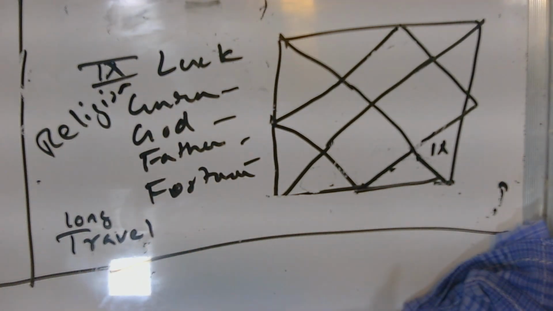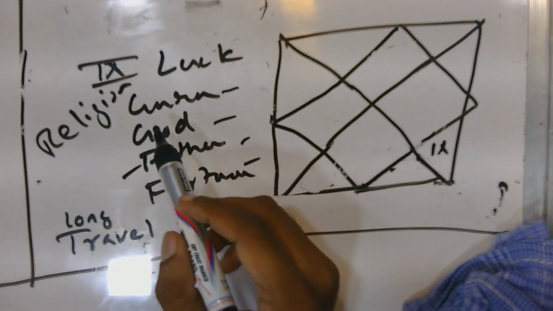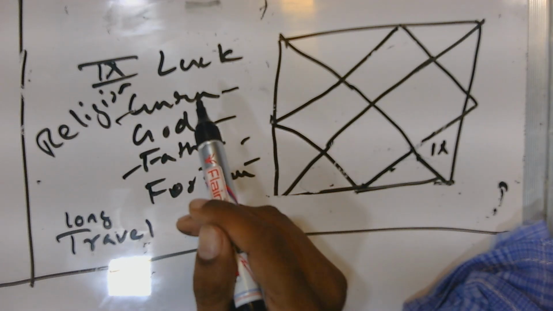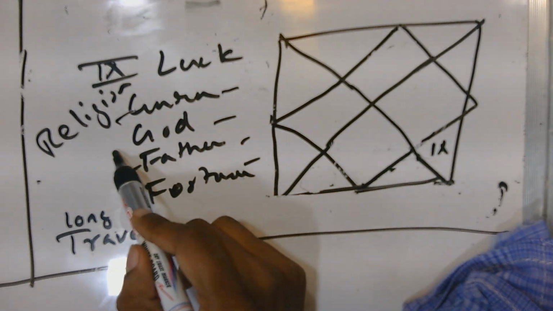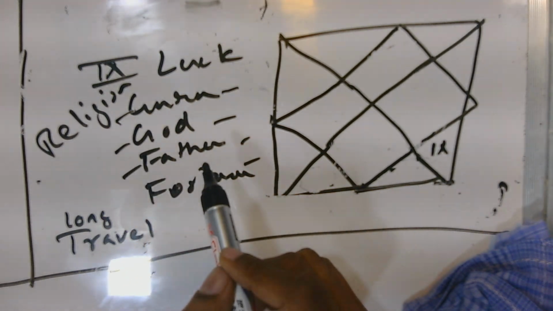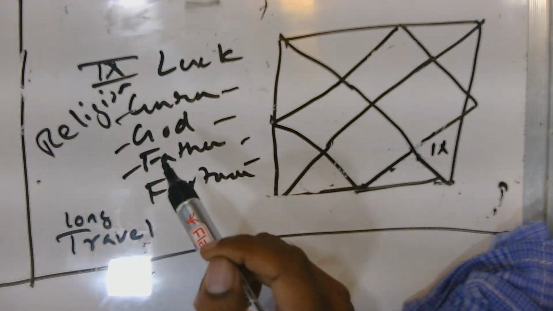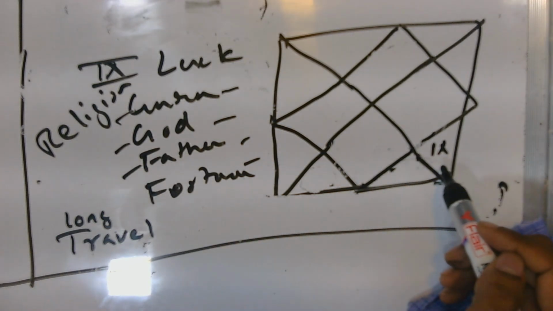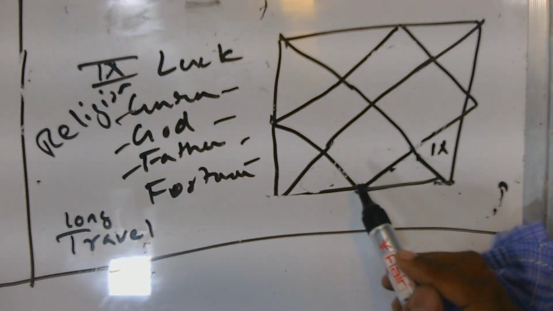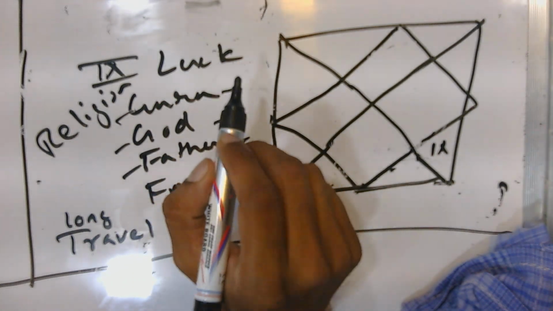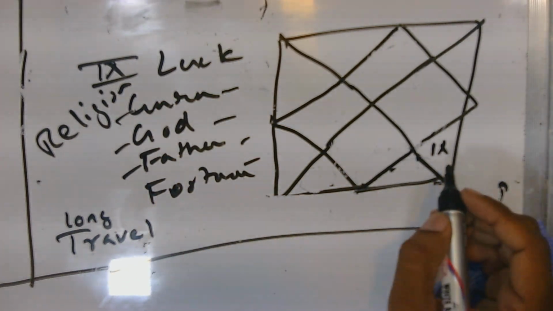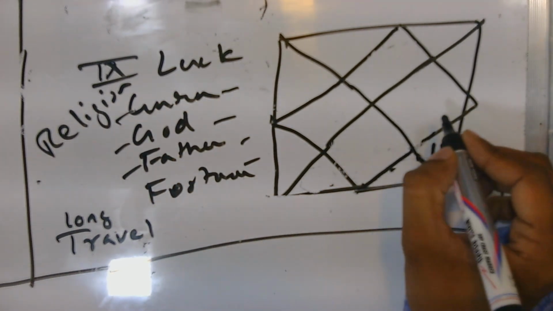If you are having good placement in this house, chances are you may be religious or you may be from a religious background, religious father. You may have a good guru or guru mata, or you may have a strong connection with God. You may be spiritual. So these are the things which are seen from the ninth house, the house of luck associated with fortune. So now we'll move into the 10th house.